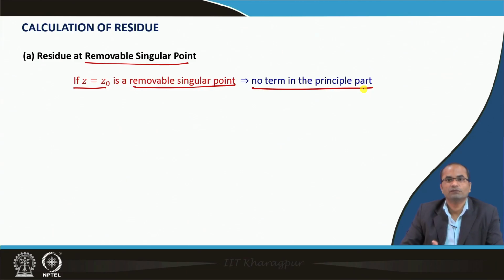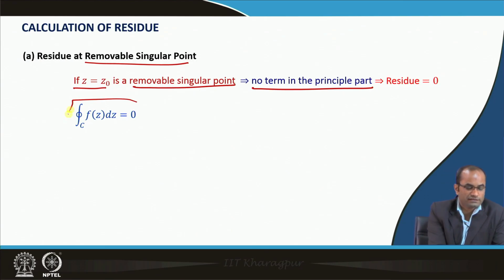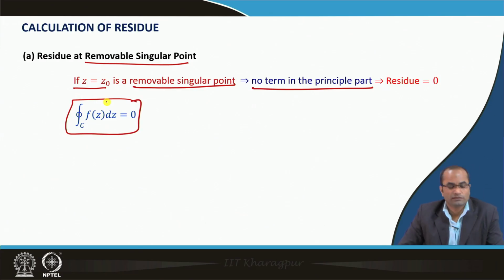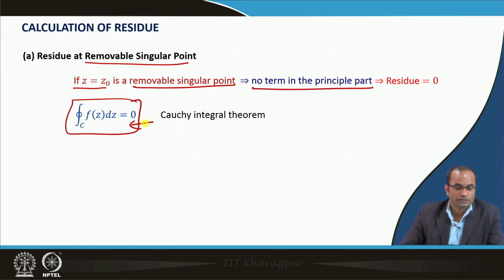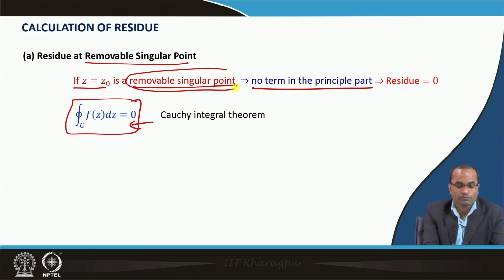So naturally b 1 is going to be 0, and that means the residue is 0, which clearly says that the integral over the simple closed curve which encloses the point z naught is going to be 0. The Cauchy integral theorem can also give us this result when we have a removable singular point. That is the important point to be noted.